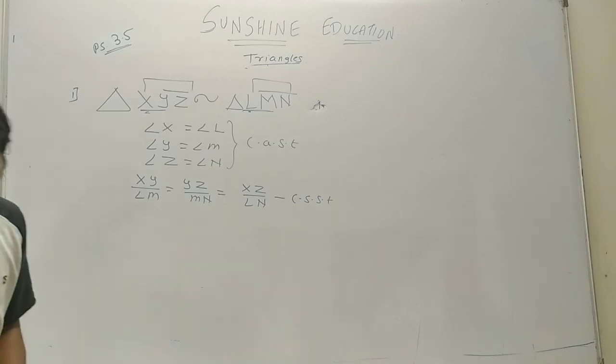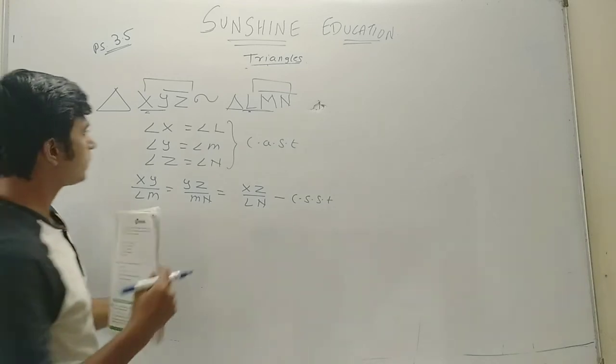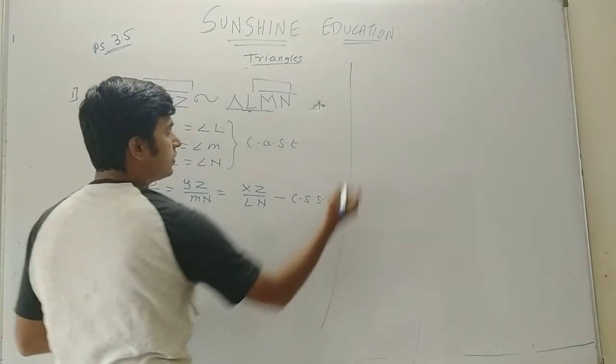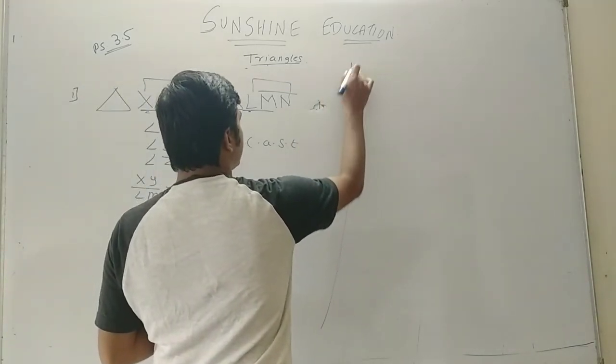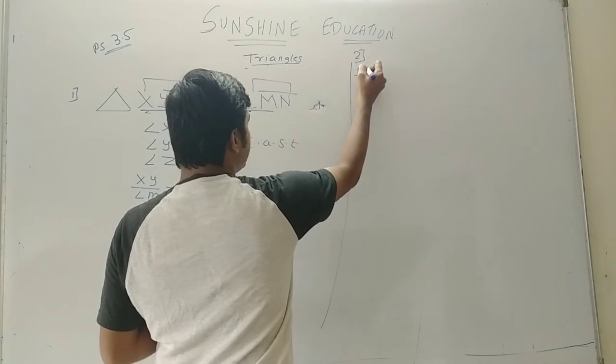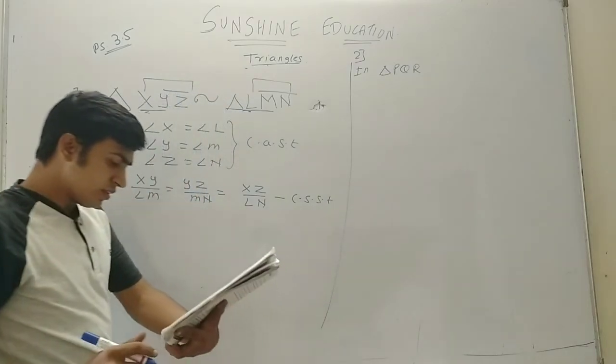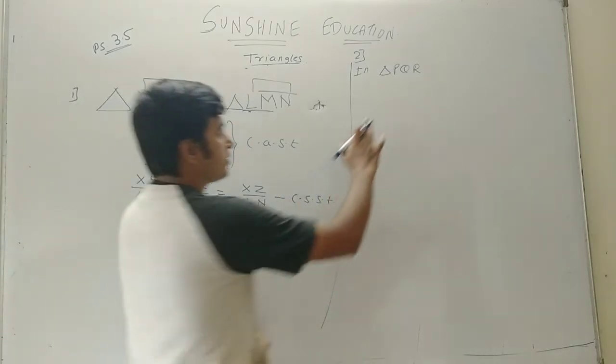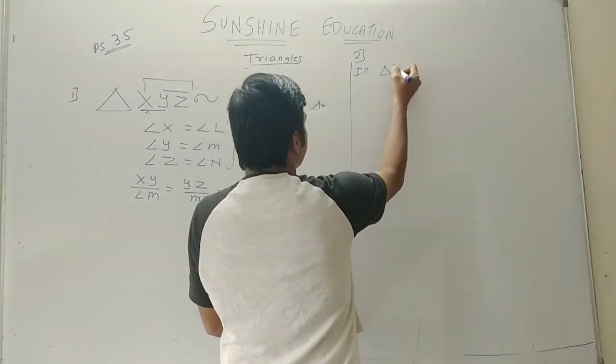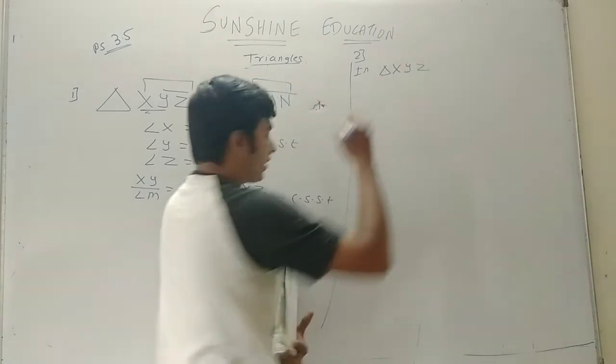Now let's move to the next one. In triangle PQR, what is given? Sorry, it is XYZ again.